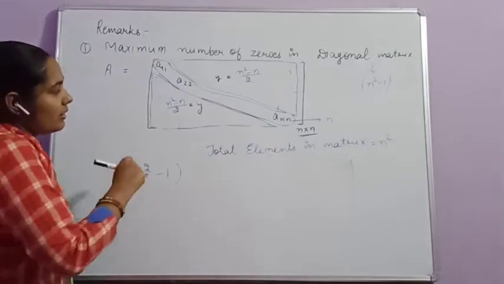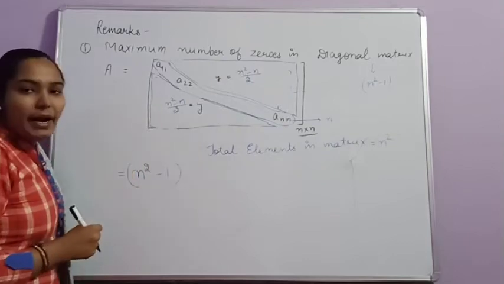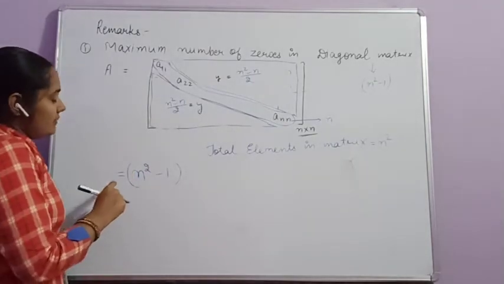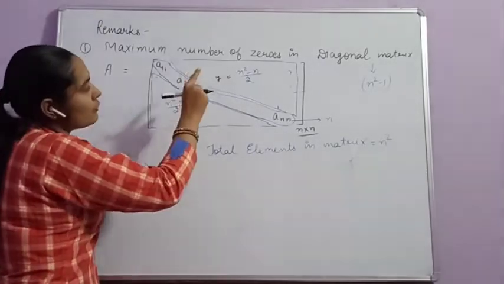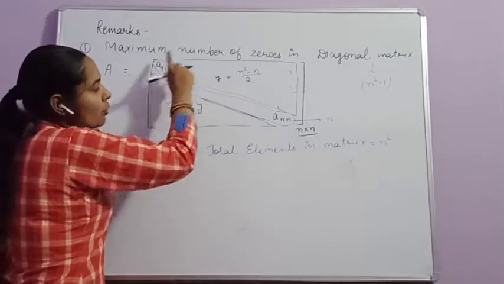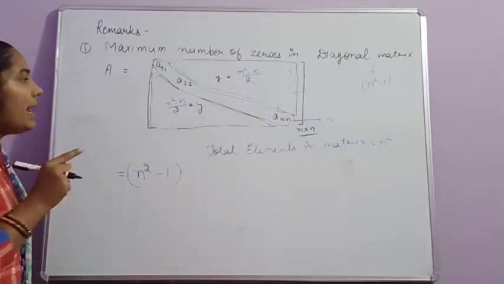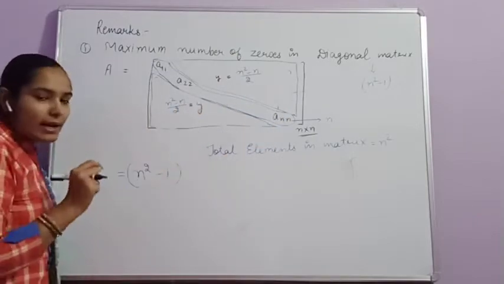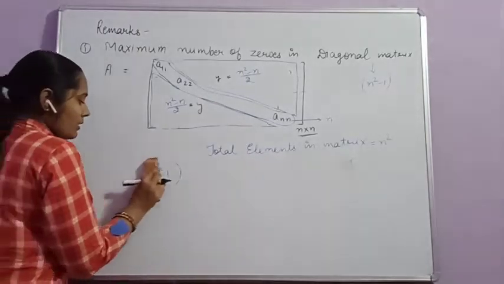If we solve it, then y will be equal to n square minus n divided by 2, and in a diagonal matrix the maximum number of zeros is equal to the total number of elements minus 1, that is, at least one element of the principal diagonal must not be equal to 0. Clear?